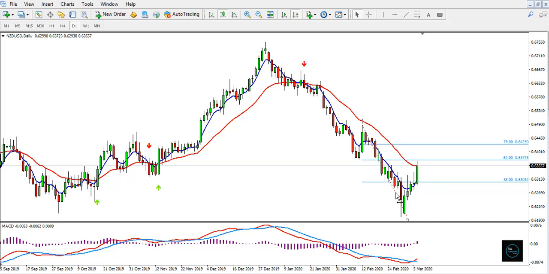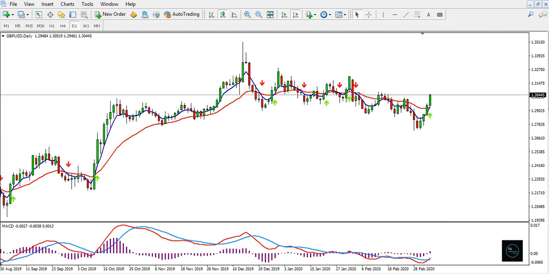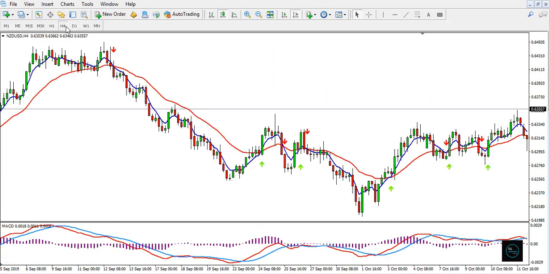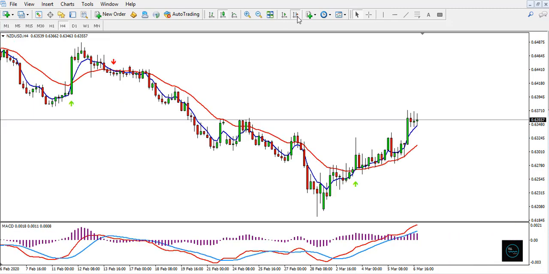So for the major pairs like New Zealand, GBP, I may want to be thinking buy. This is the 4-hour chart. You can see after our positive divergence situation here, we have a wave bottom situation that has pushed the market to this point.